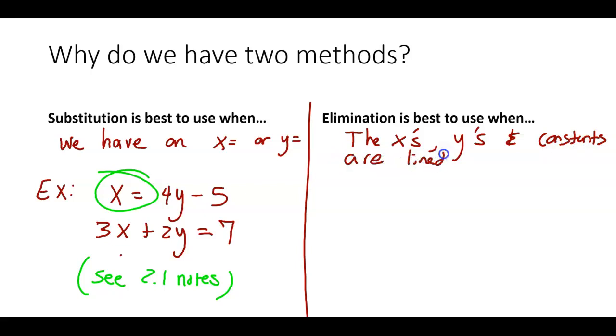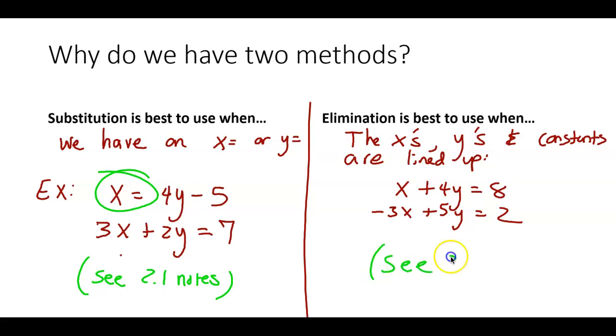So what do I mean by that? So we have x plus 4y equals 8 and negative 3x plus 5y equals 2. So as you guys can see, the x's are lined up, the y's are lined up, and the numbers are lined up. That's a good time to use elimination, and that's the method that we learned in 2.2.